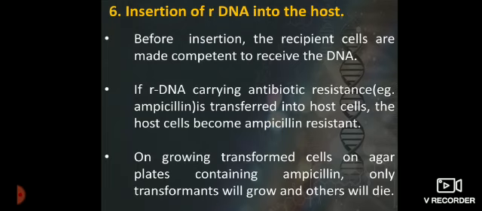If the recombinant DNA carries an antibiotic resistance gene, for example ampicillin, and is transferred into the host cell, the host cell also becomes ampicillin resistant. So, when we grow or transform these cells on agar plates containing ampicillin, only transformants will grow and others will die. For this, we call this gene a selectable marker.